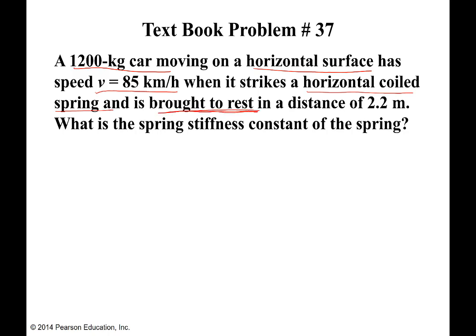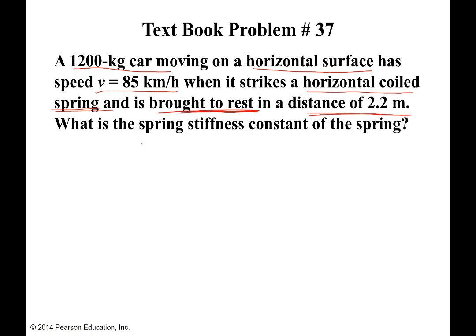So these are important things you should always underline, in a distance of 2.2 meters. In the previous problem, you saw how a spring has compressed energy and it can do work and set things into motion.